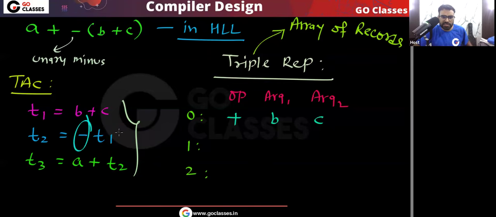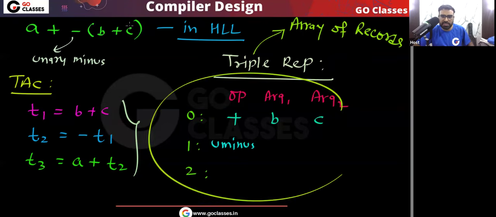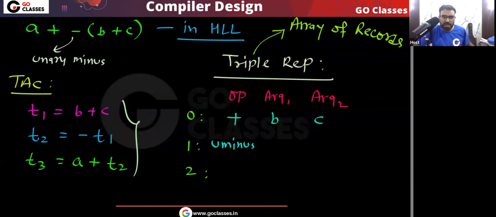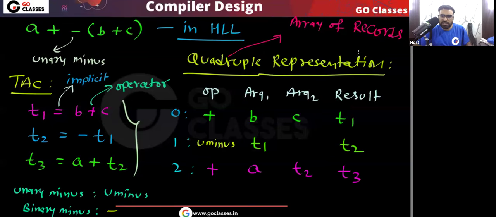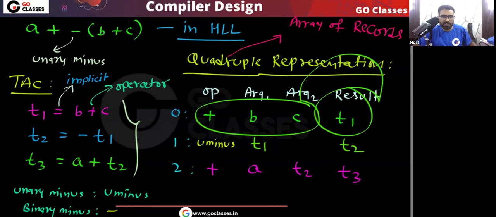In the next instruction, the operator is basically unary minus. And what are the arguments? The argument is t1, but remember, in the triple representation we do not have any t1. We do not store any temporary variable. Notice that t1 means the result of the operation b plus c. In the quadruple representation, we refer to the result of b plus c by the temporary variable t1.